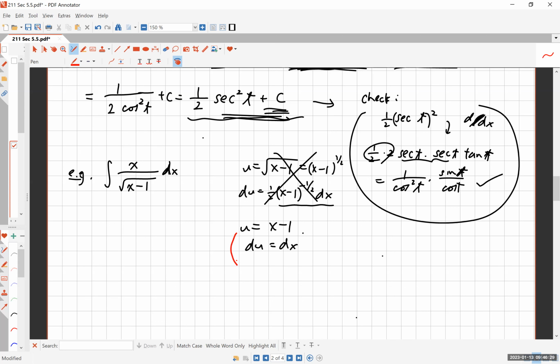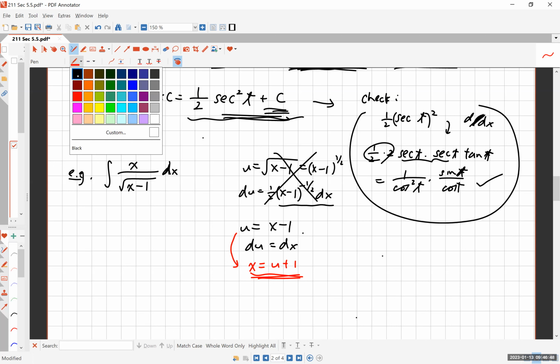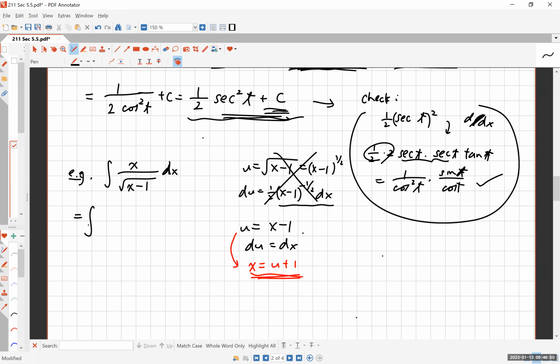See, as soon as you write this, and if x appears in multiple places in what you want to do u-substitution on, you can also solve this for x. In this case, x is simply what? u plus 1, right? So this piece of information would actually help us rewrite this in terms of u without using x. See, x can now be written as u plus 1.